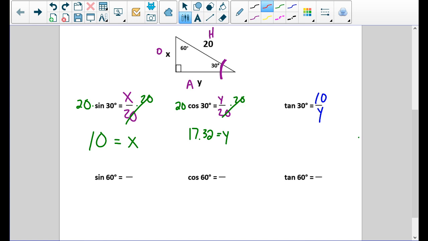Again, we're going to multiply both sides by y. That moves the y off the bottom. So now I have y times tangent 30 equals 10. Now how do I solve for y? I'm just dividing by tangent 30.